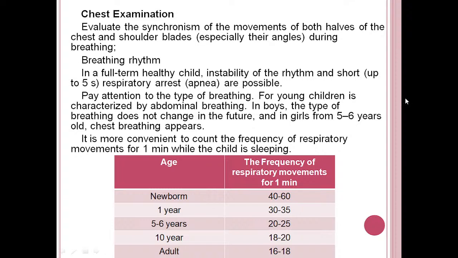Evaluate the synchronism of the movement of both halves of the chest and shoulder blades, especially the angles, during breathing.